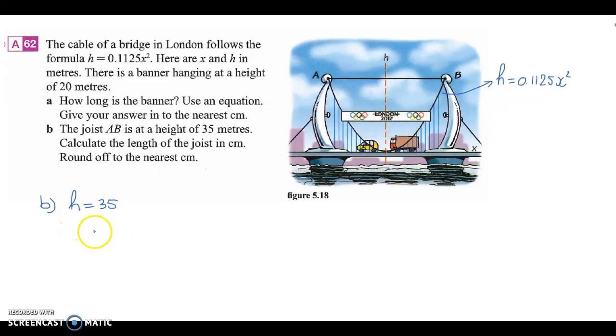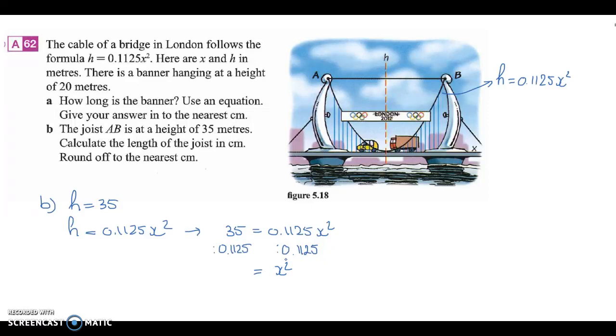And again, we can put that into a formula saying the height is equal to 0.1125 x squared. In this case, that means that 35 is equal to 0.1125 x squared. We want to know again what x squared itself is. So we're going to divide the right hand side by 0.1125. Then we have to do the same at the left hand side. At the right hand side, that leaves us with x squared.